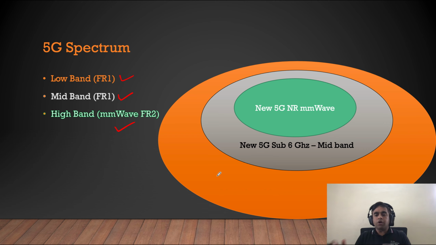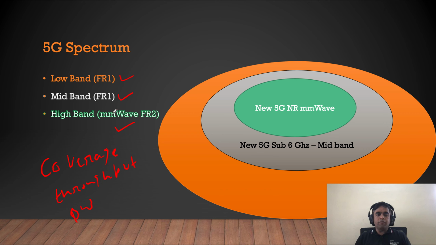Whenever we talk about spectrum, there are a few things that we need to look at. One is the coverage, then the throughput, and finally the bandwidth, how much bandwidth it is serving.